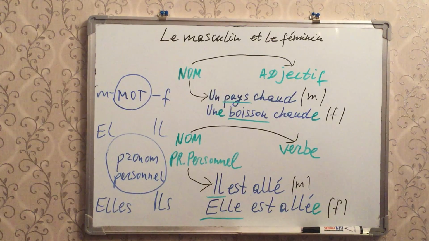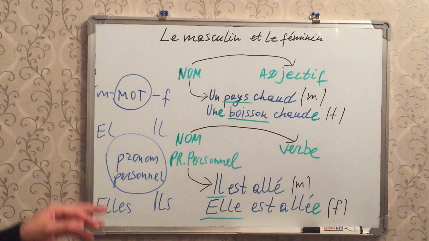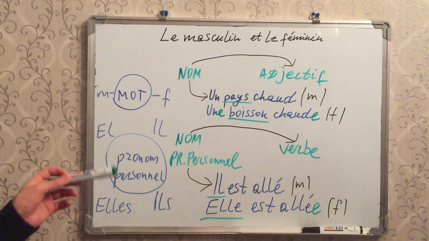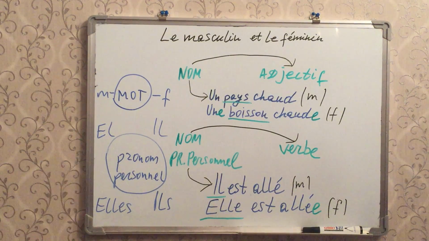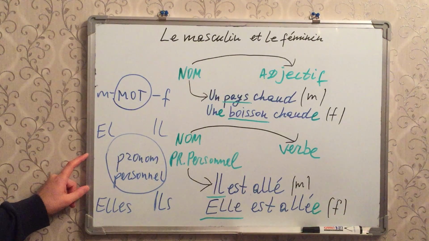When we talk about a gender of a word, we immediately remember the personal pronouns, pronom personnel, okay? Le pronom personnel. So, in French, les pronoms personnels, when we say personal pronouns, while talking about personal pronouns, we exactly remind singular, okay?